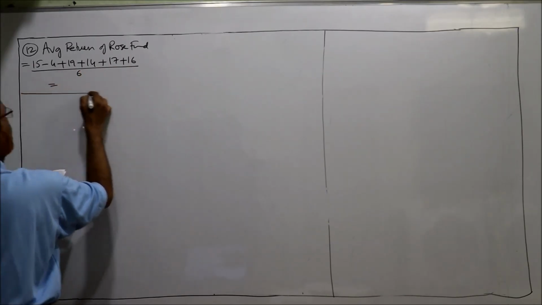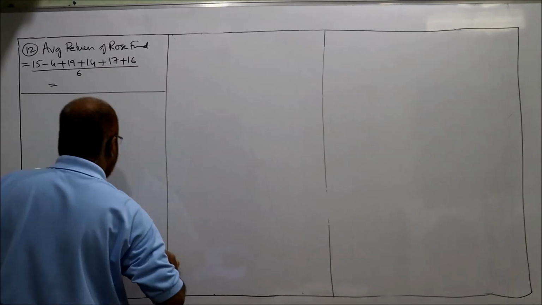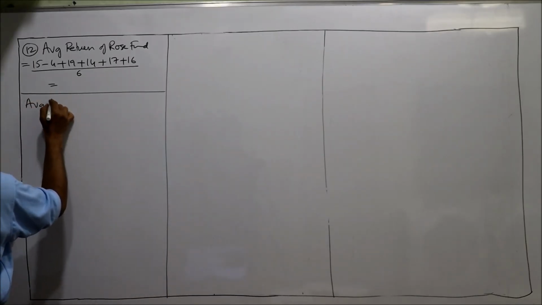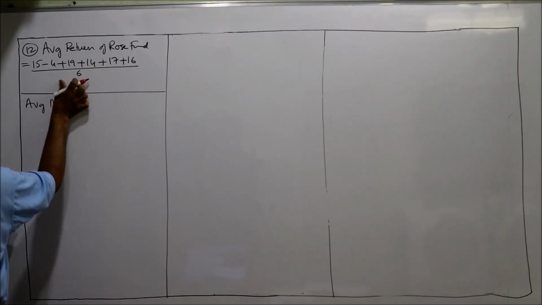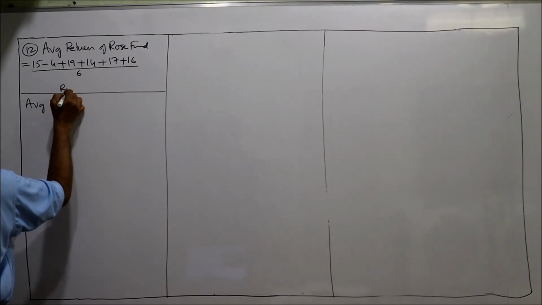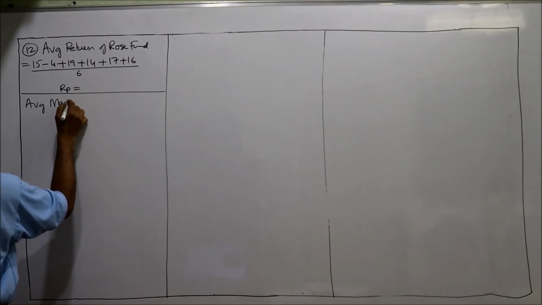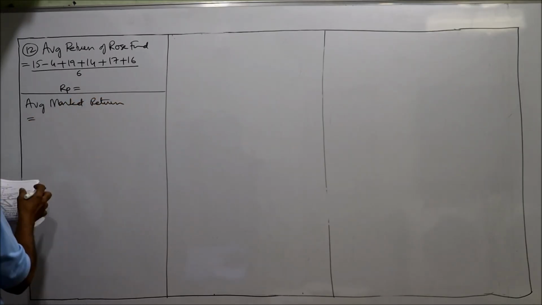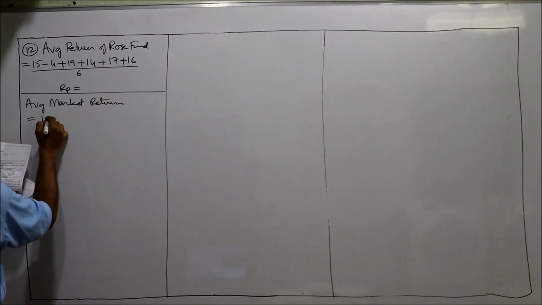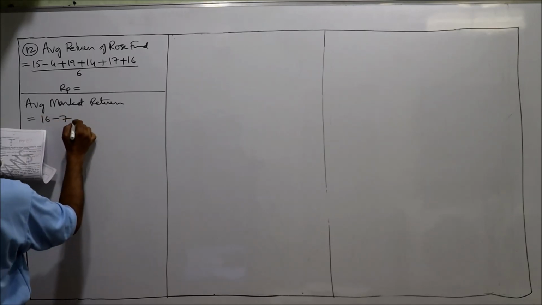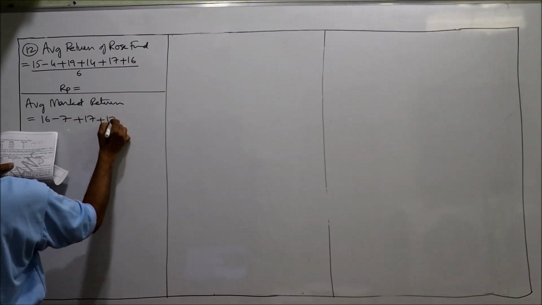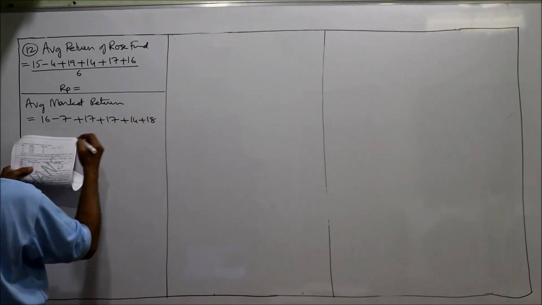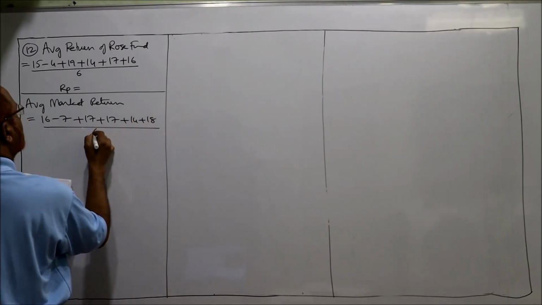Similarly, average market returns is equal to 16 minus 7 plus 17 plus 17 plus 14 plus 18, divided by 6.